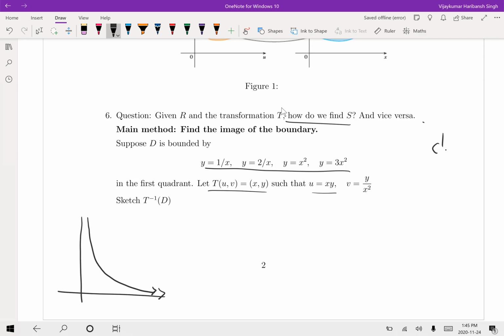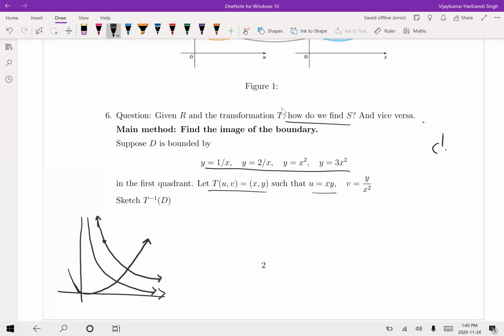We have 2 over x. And x is 1, this is 2. We have x squared, which goes like this.